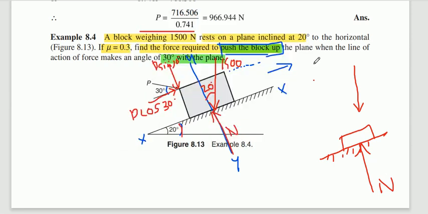The direction of motion of the block is this direction, because they have mentioned that the block is pushed up, which means the block is moving upward. Therefore friction is always opposite to the direction of motion, and F is equal to mu into N, because mu is equal to F by N, therefore F is equal to mu into N. Because the direction of the motion is upward, the direction of the friction is downward here.